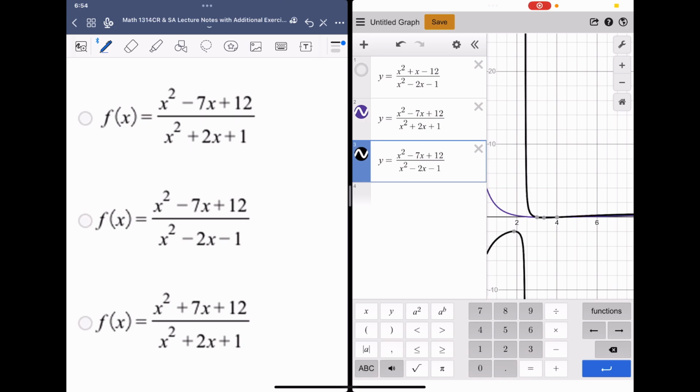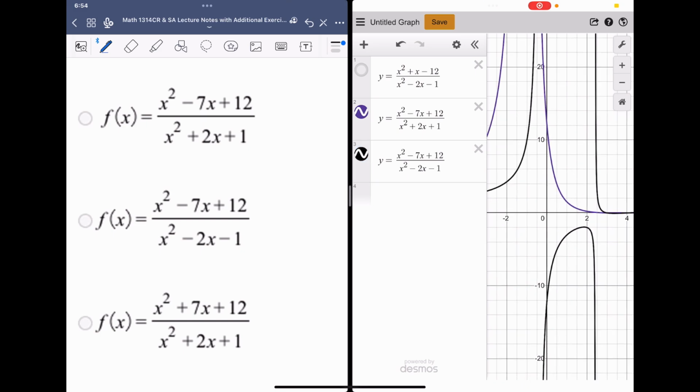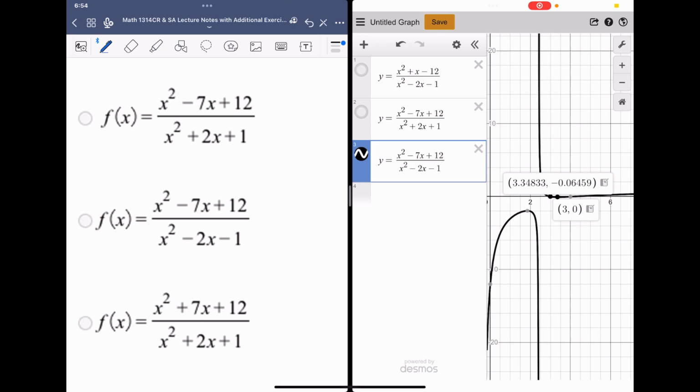Again with the 3 intercepts, it only lists 2. Okay, well, 2 of them work out. Let's look at the rest of these. Those work out.